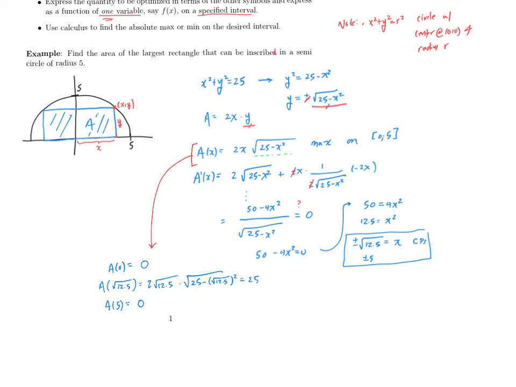And that value 25 is the biggest output we see on the list, and that gives us the absolute maximum value. And a very important part of all of these optimization problems is going to be a written conclusion.